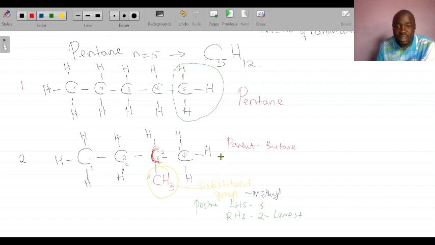So we start by showing the position on which our substituent group is attached. In our case, it's on carbon number 2. And we shall have a hyphen. What is the name of our substituent group? It is a methyl. Is there any other?